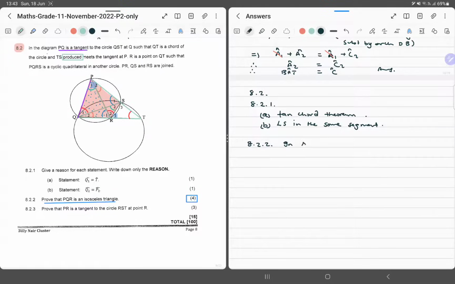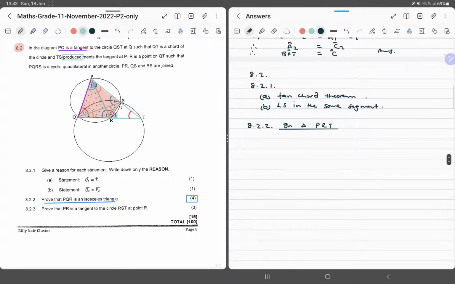Say in triangle PRT, we can see without a shadow of a doubt that angle R1 is equal to angle P2 plus angle T. What is it? This is an exterior angle of a triangle. We've already stated what that triangle is.